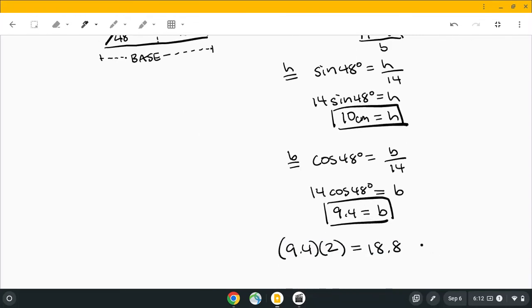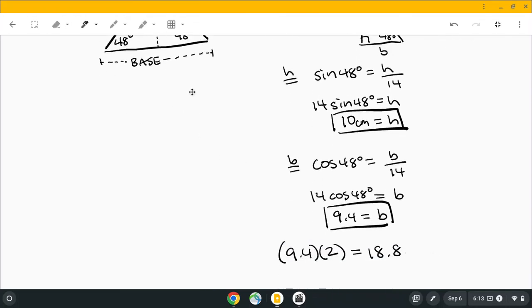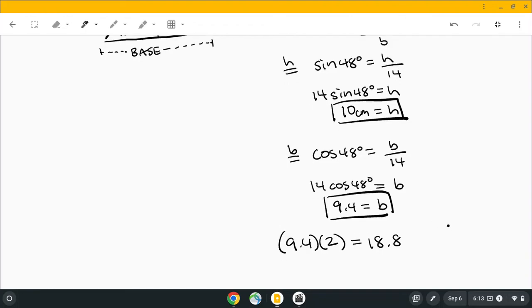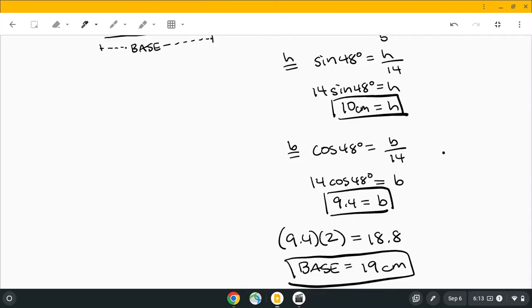Okay, so then this answer for the base should only have 2 significant digits. So we're not going to take all of this 18.8. My base is going to be rounded to 2 significant digits. So that's going to be 19 centimeters. So this is the answer that we want. Okay, so 19 centimeters for the base, 10 centimeters for the altitude.